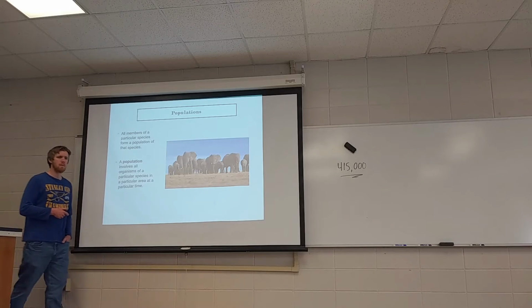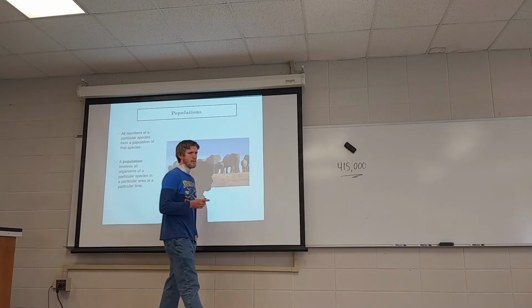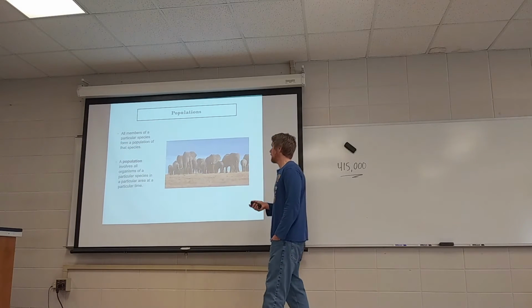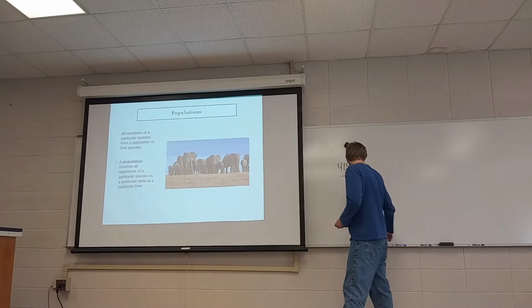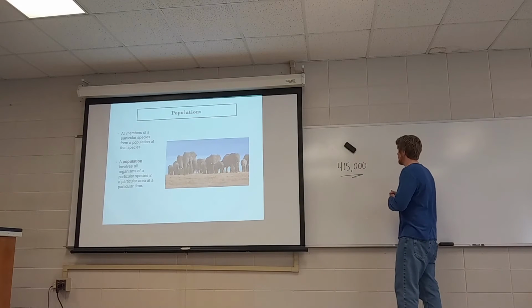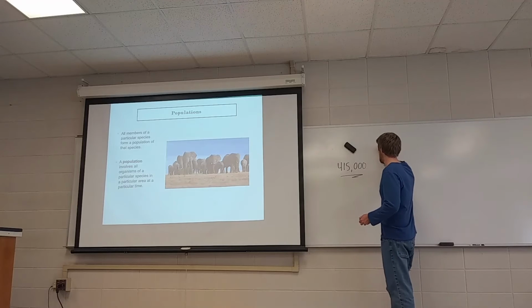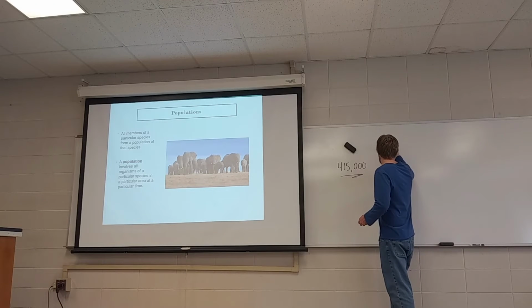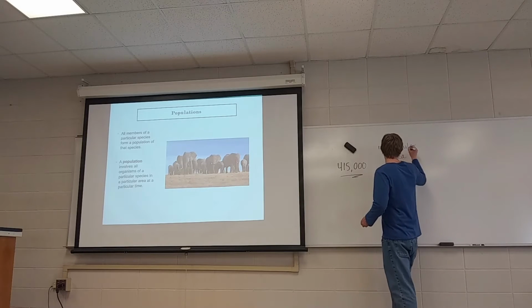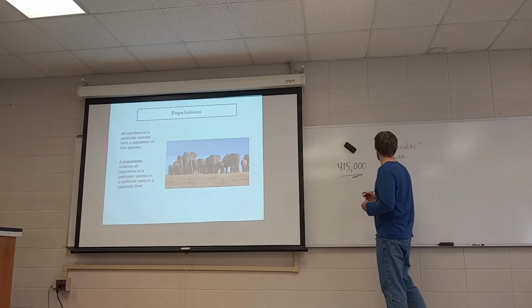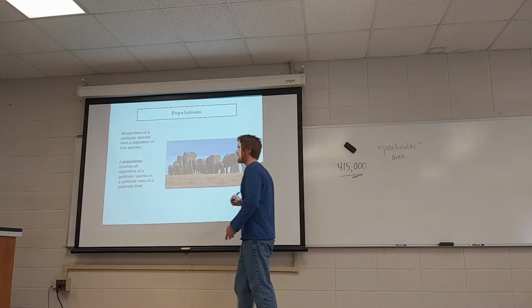Here is the definition of a population. All organisms of a particular species in a particular area at a particular time. All right, here is the word, or two words I should say, that I want you to focus on. Particular area. That sounds pretty vague.